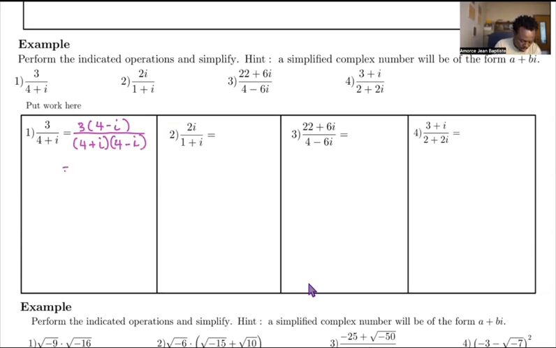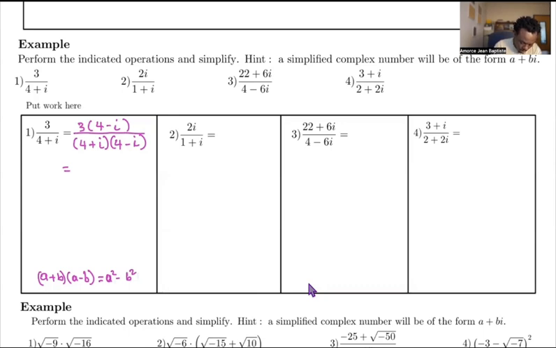We should remember that when you have a plus b times a minus b, it's a squared minus b squared.